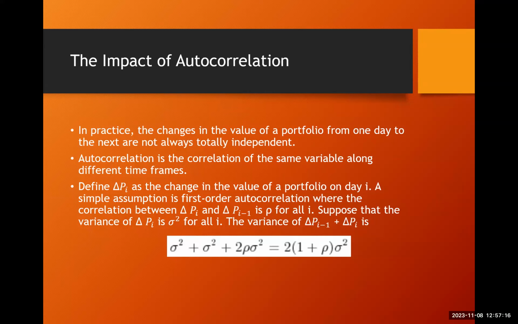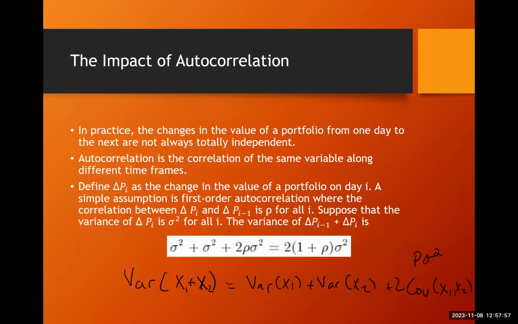In this equation here, this is just saying the variance of x1 plus x2 equals the variance of x1 plus the variance of x2 plus 2 times their covariance, which is rho sigma squared, assuming that they have the same distribution.